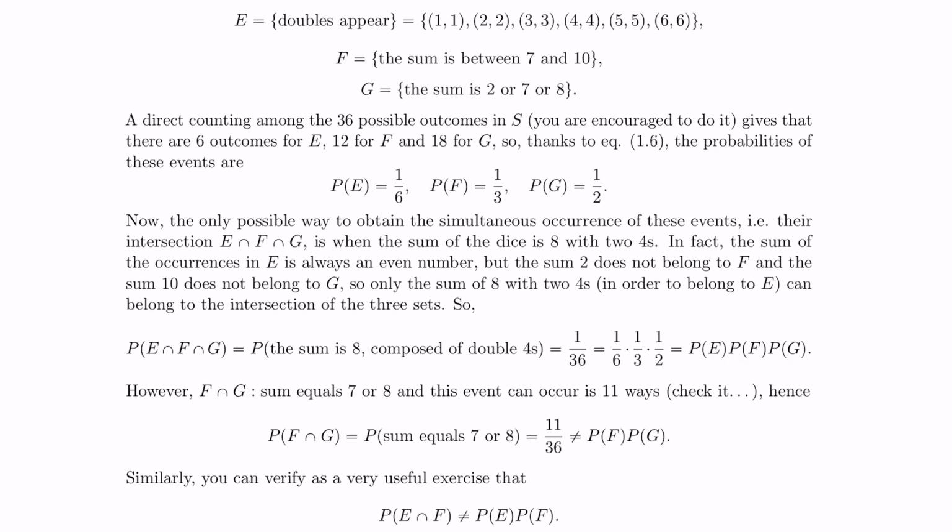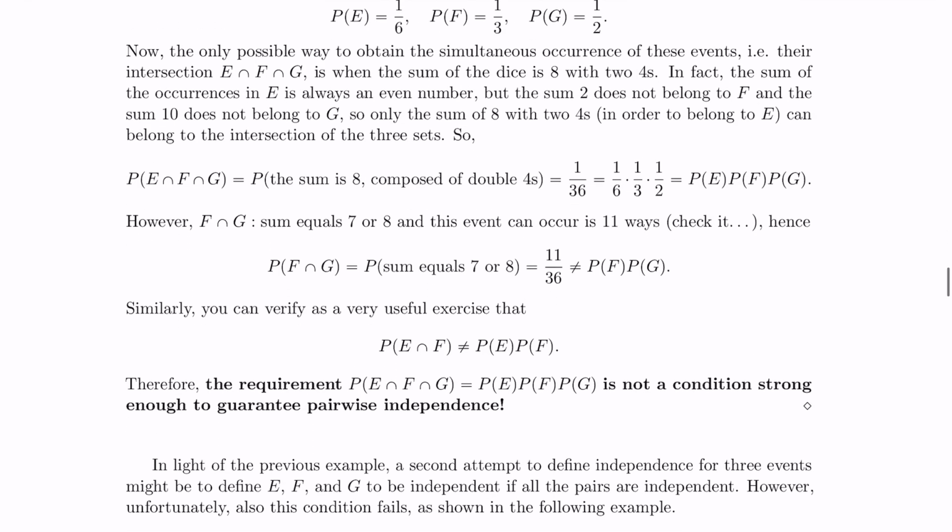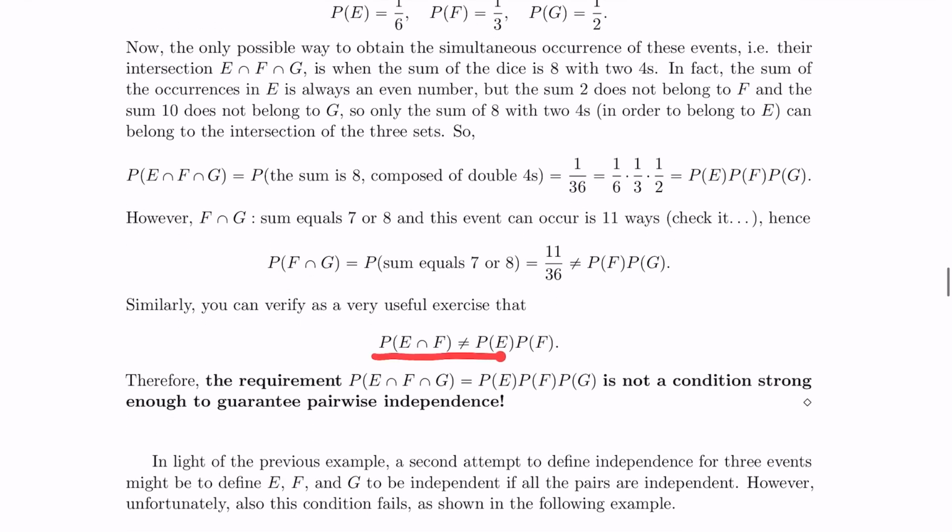However, again, as a very useful exercise, you can verify that neither the probability of the intersection between E and F is equal to the product of the probability of E with the probability of F. The take-home message is that this equation is not strong enough to guarantee pairwise independence.